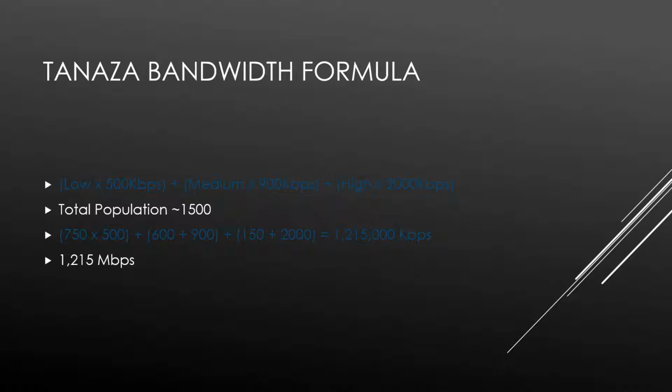For the total population, we're going to do roughly 1,500, just say there's a crazy day on campus where there's a bunch of people there, like the leeway I mentioned before. Adding all of those numbers into the formula, you want to use about 50% of the population for low, 40% for medium, and 10% for high. You come out to roughly 1,215 megabytes per second.